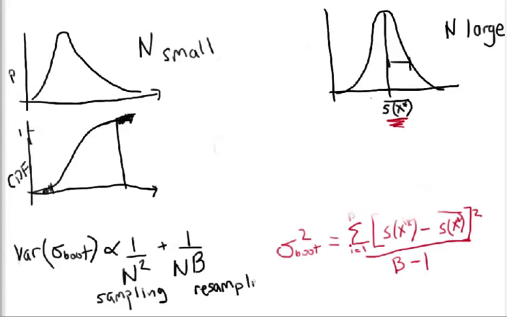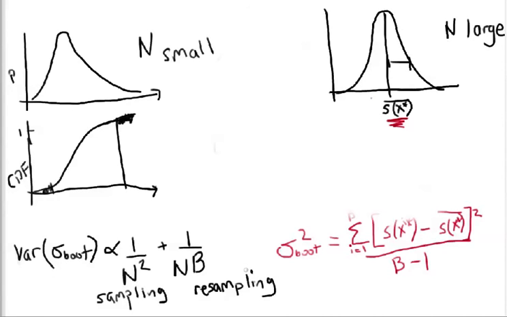So you can see that in the small n limit, we measure a noisy estimate of the error on our original statistic, just because we've sampled the parent distribution poorly. Because n is small, we can't recreate the parent distribution well.